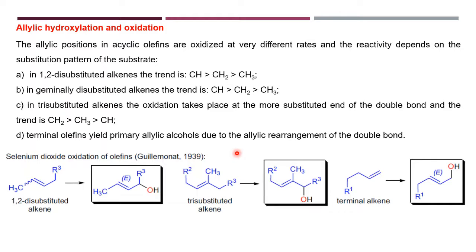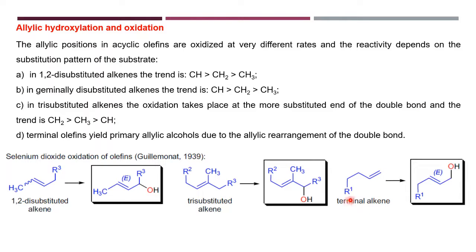Now for the tri-substituted alkene, we said the trend is CH2, CH3, CH. So over here, this is the CH2 and that is the CH3. So this position is not oxidized, but rather it is the CH2 that is oxidized. And why are we choosing this end? Because this end is the more substituted part of the double bond.